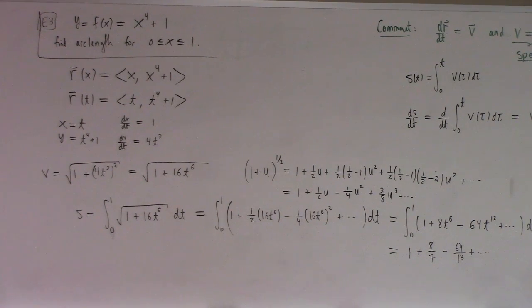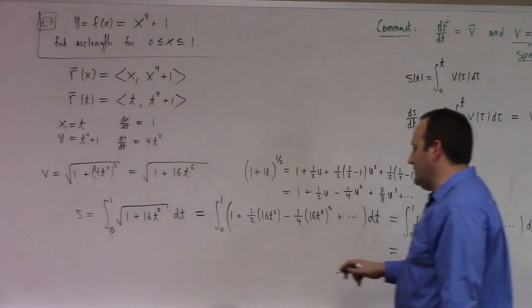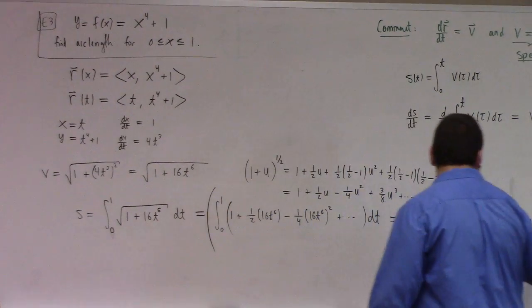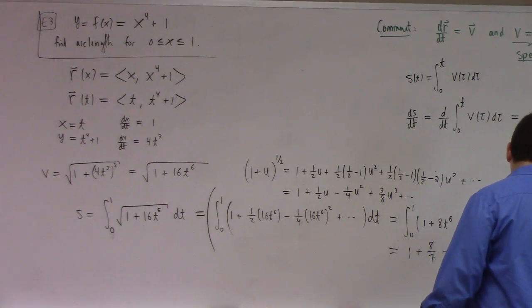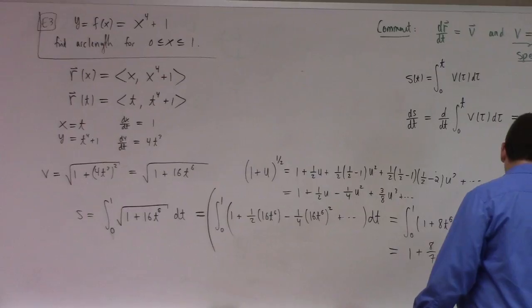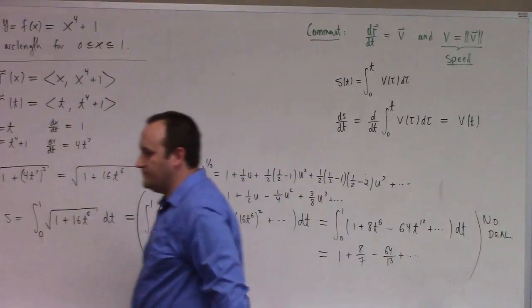Get small, right? What happens to the terms I'm not calculating? They're going to get bigger and bigger and bigger. Bottom line is this is no deal, okay? So how do you do this integral?